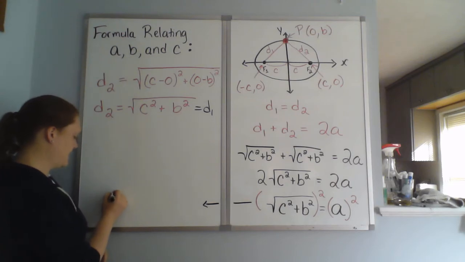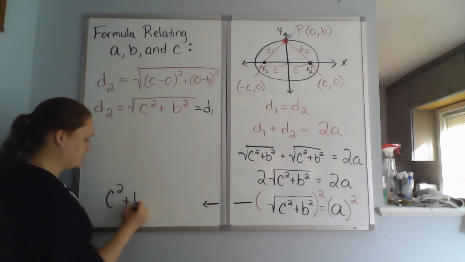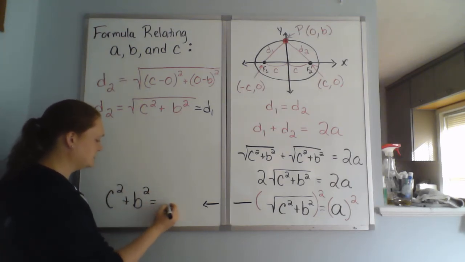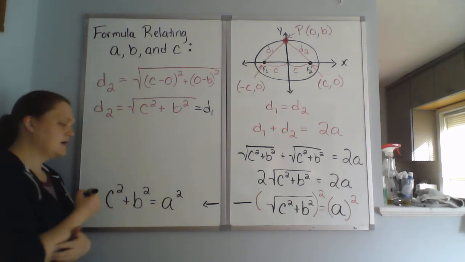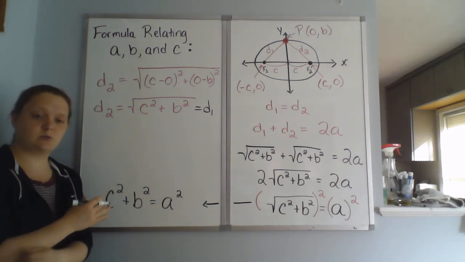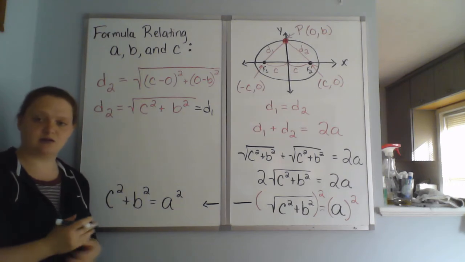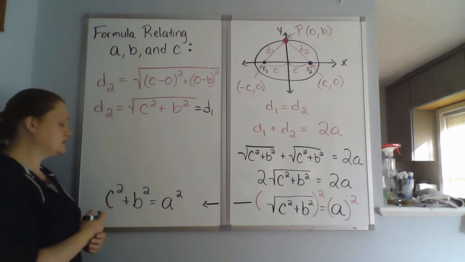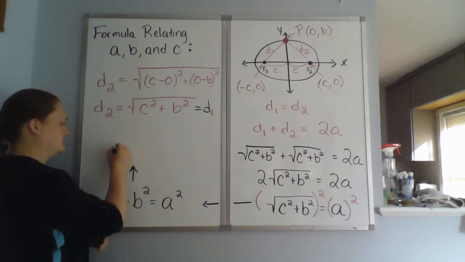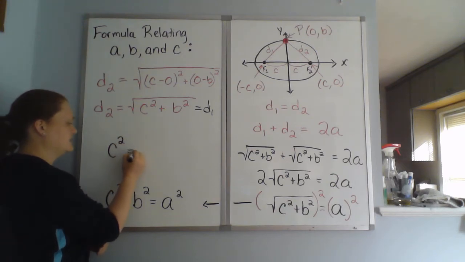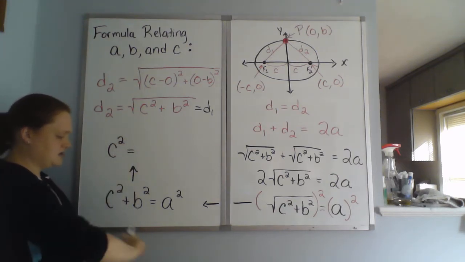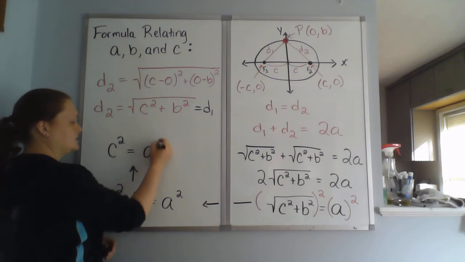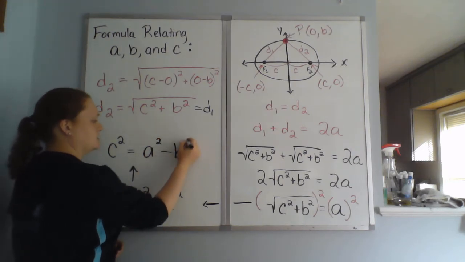So now I'm going to have c squared plus b squared is equal to a squared. Now, truth be told, because a squared and b squared are usually provided in an equation for us, we're going to make this say c squared equals. That's the convention. Okay. So I'm going to subtract the b squared over. So I get c squared equals a squared minus b squared.